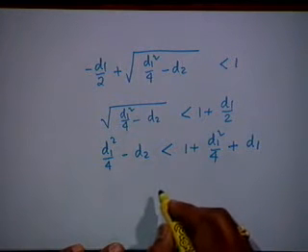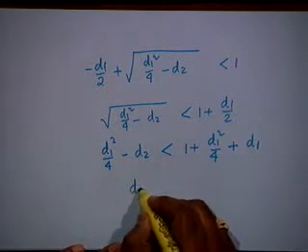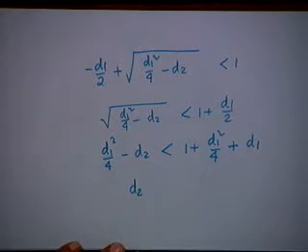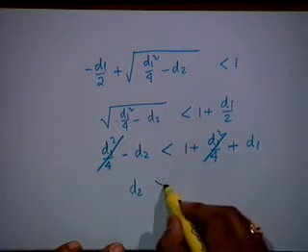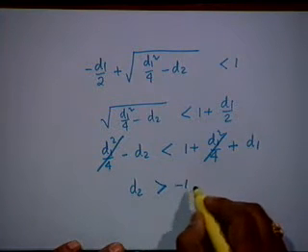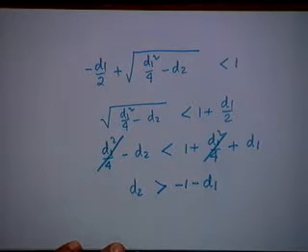Therefore, d1 square by 4 and d1 square by 4 cancels. If I change the sign, d2 should be greater than minus 1 minus d1. Agreed? d2 should be greater than minus 1 minus d1.